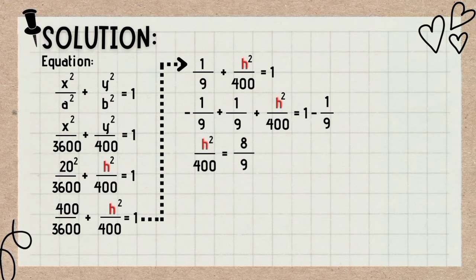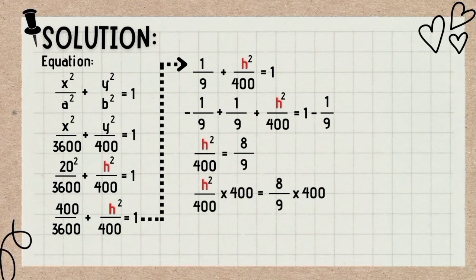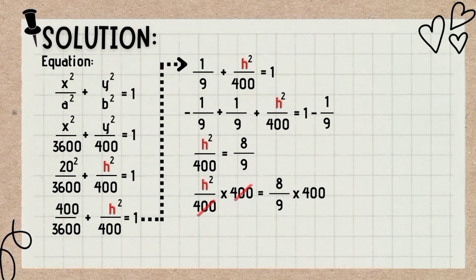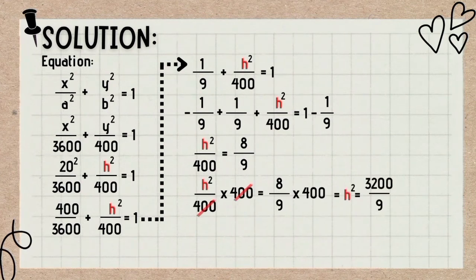Since we are looking for the value of h, let's multiply both sides by 400 to leave h on the left side. So, h squared over 400 times 400 gives us h squared, and 8 over 9 times 400 gives us 3,200 over 9. So, we get h squared is equal to 3,200 over 9.